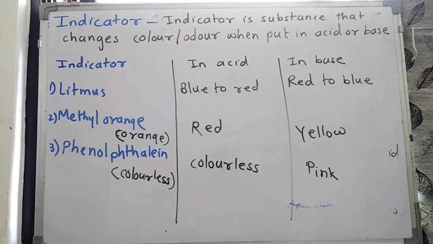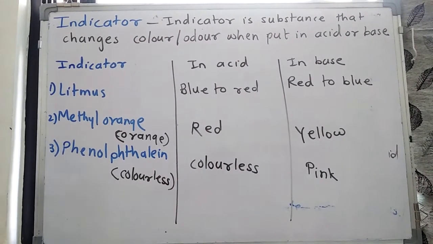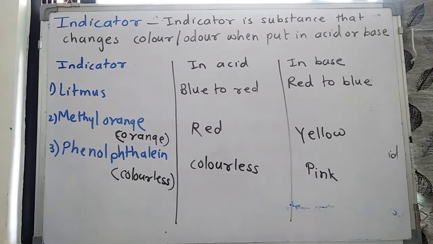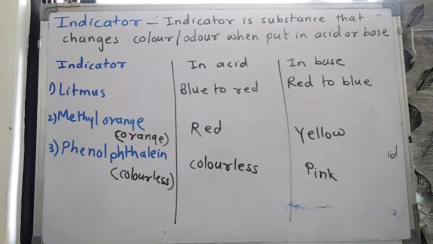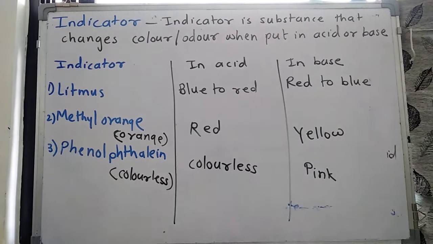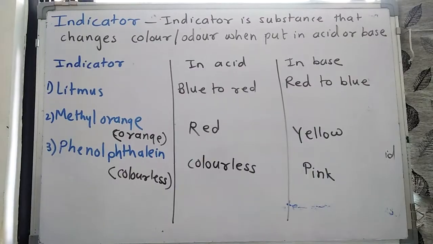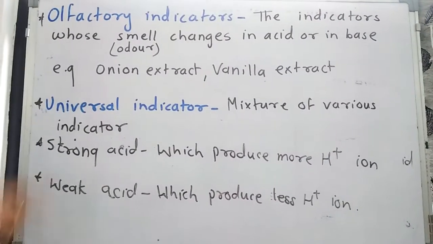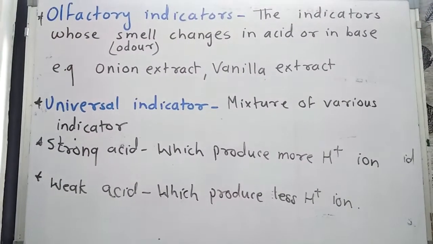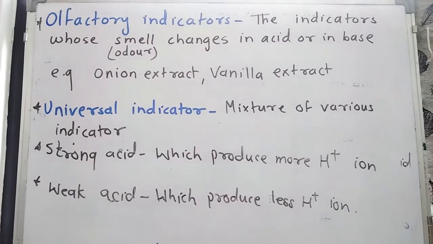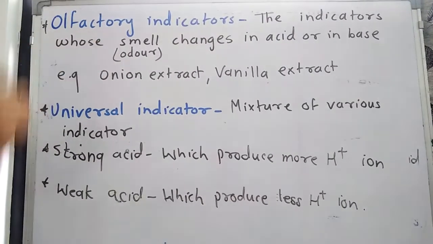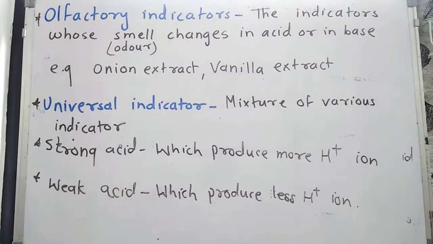But there are some indicators which change their odor. They are called olfactory indicators. And one common indicator used in the laboratory is called the universal indicator. Olfactory indicators are indicators whose odor, meaning smell, changes in acid and in base.